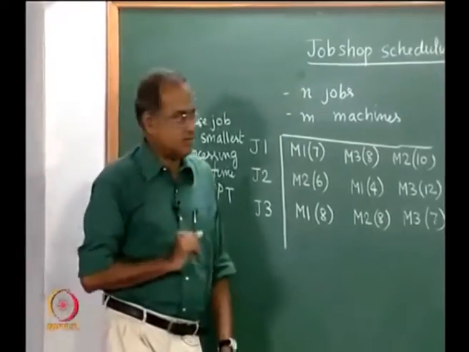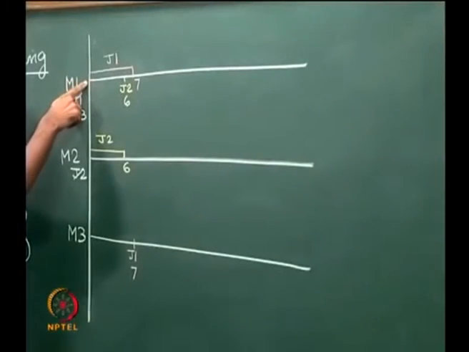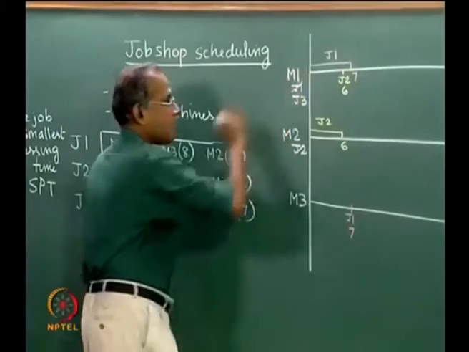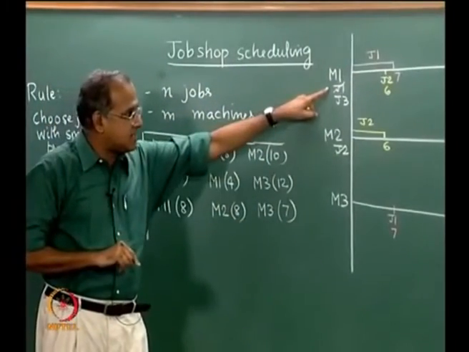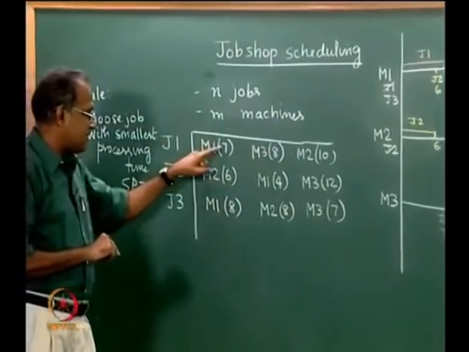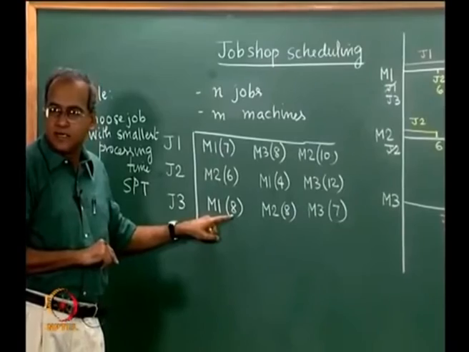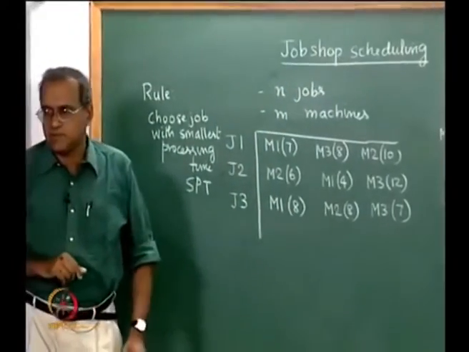Second issue is this: we are at t equal to 0. At t equal to 0, we realize that J1 and J3 were waiting. J1 requires 7, J3 requires 8. So, we picked J1 ahead of J3.